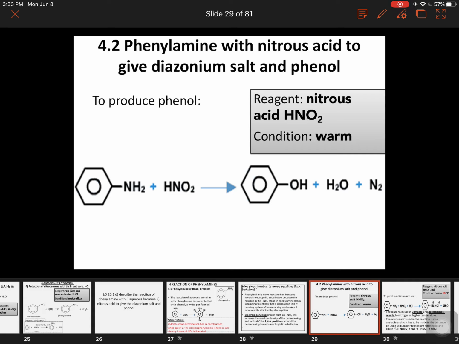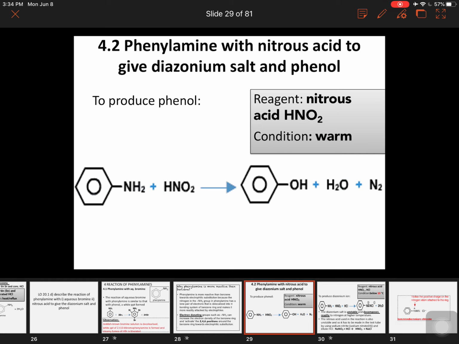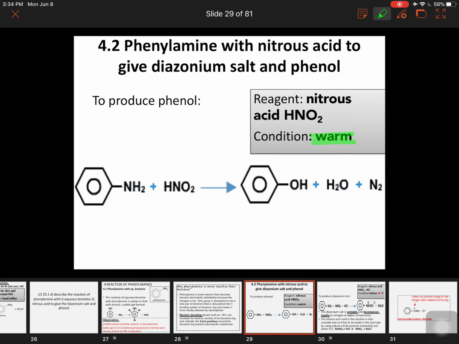Okay, so next we're going to look at the reaction of phenylamine with nitrous acid to give diazonium salt and phenol. Right, so in your notes you have two reactions that look similar. Basically, the phenylamine reacting with nitrous acid. The top reaction is under warm conditions, or anything that is above 10 degrees Celsius.